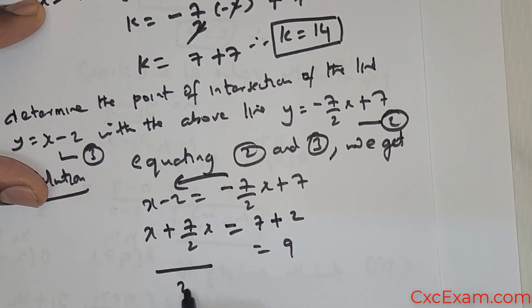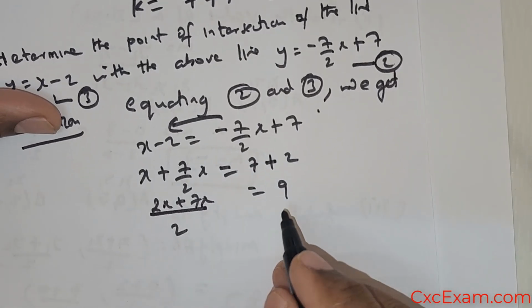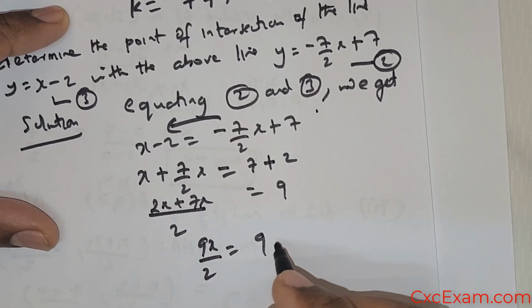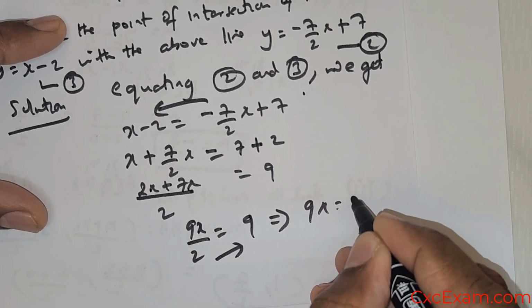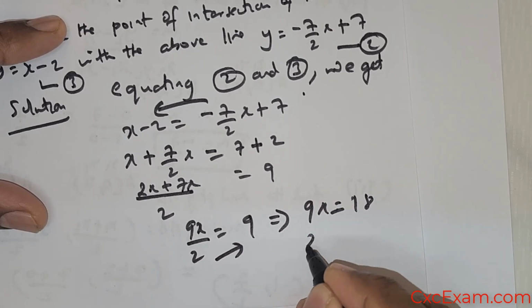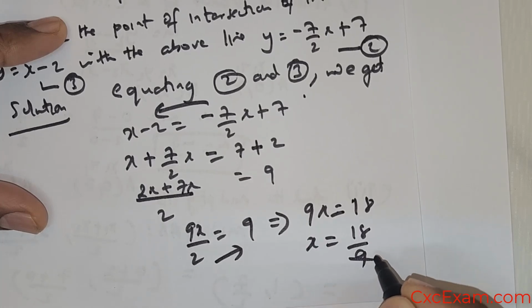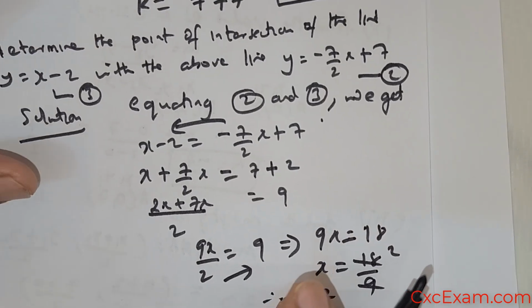You take the LCM as 2 here, this is going to be 2x plus 7x. And what is this? This is going to be 9x over 2 is equal to 9. You cross multiply, this will give you 9x is equal to 2 times 9 is 18. Now x is equal to 18 over 9. 9 divides 18 2 times. So therefore x is equal to 2.